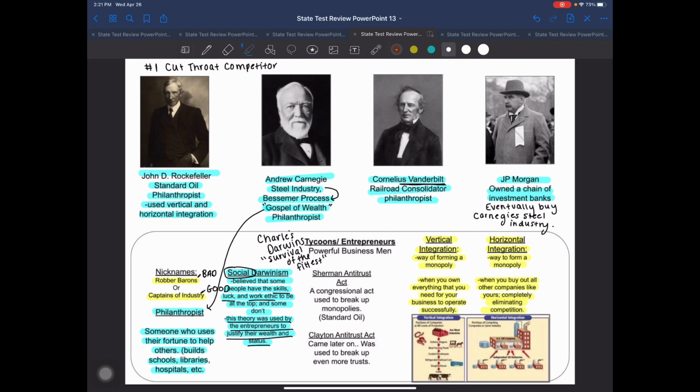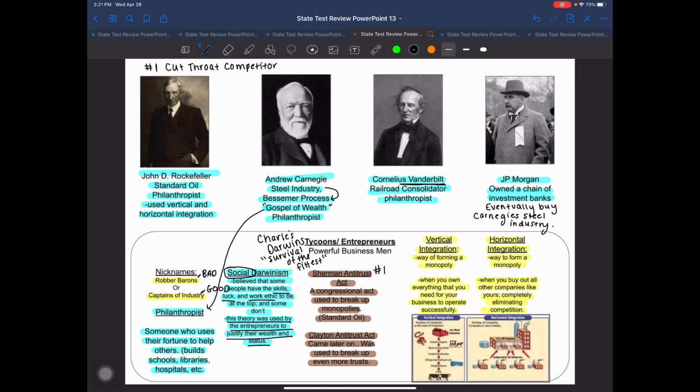So we get two antitrust laws that are going to try to keep monopolies from doing these terrible things that these men have done. The first one was the Sherman Antitrust Act.